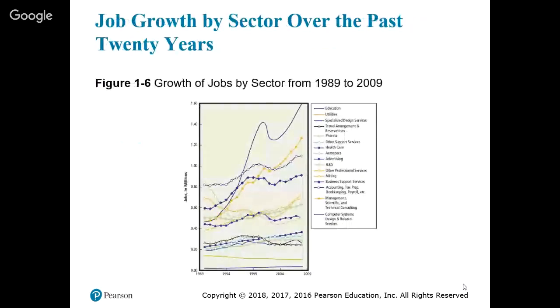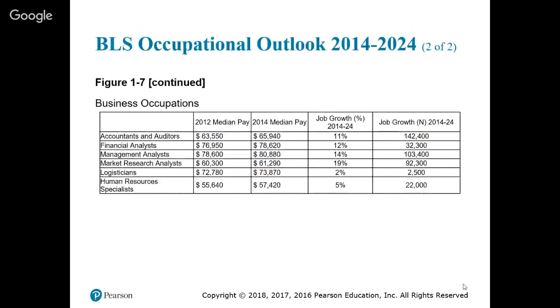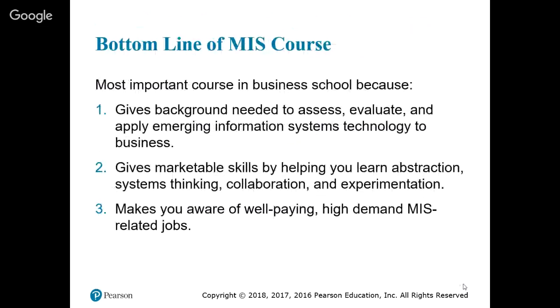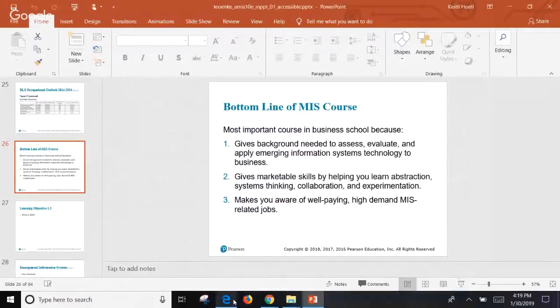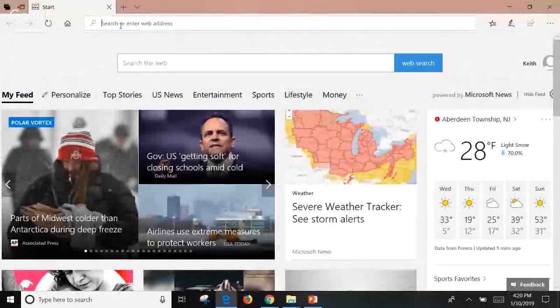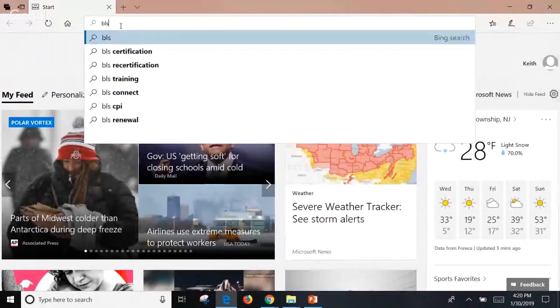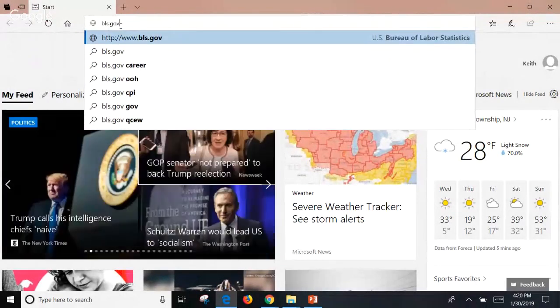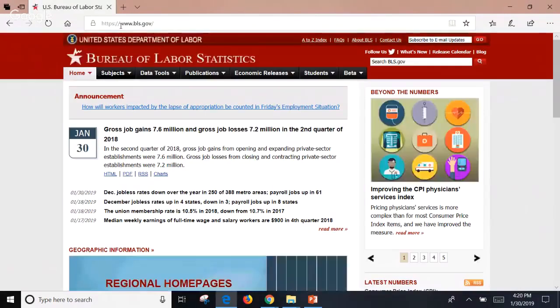Something else I want to do is go to the Bureau of Labor Statistics. You can go to bls.gov. It's a great website where you can look at the latest job trends.